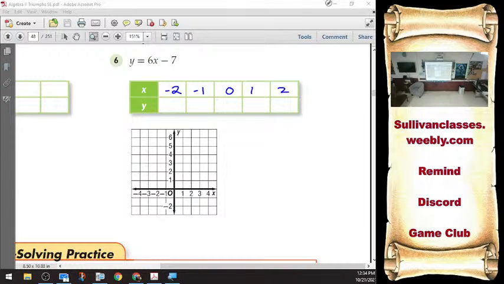I don't understand this. You're doing it right. If you shove a 0 in there, what's 6 times 0? 0, so is that negative 7? Negative 7. Now this doesn't fit, right? We don't go down that far. None of this fits.